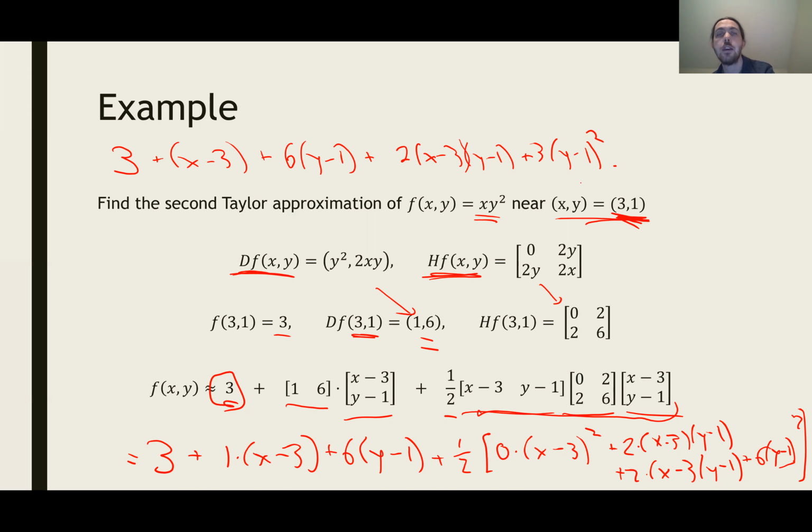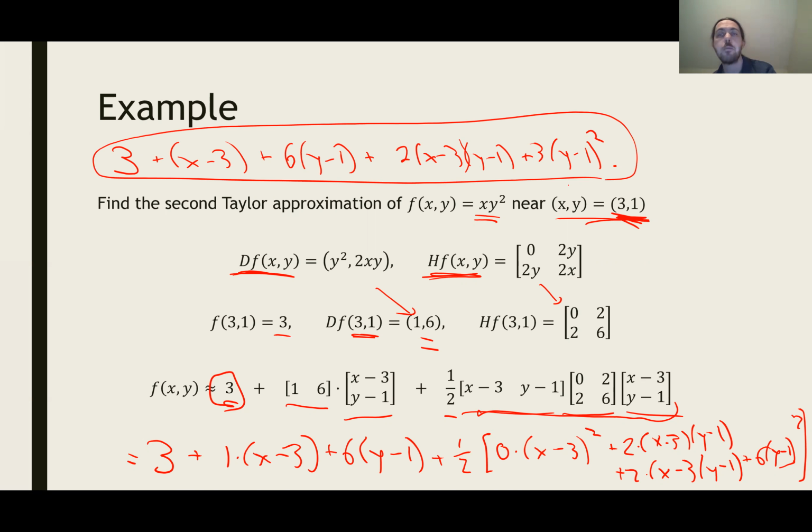So this is the quadratic Taylor approximation to this function, near x equals 3 and y equals 1. I'm going to leave it like this. You could try to simplify a little bit more by actually multiplying out the x's and y's. If I leave it like this, then I know that's kind of in terms of how far away a point is from x equals 3 and how far a point is from y equals 1.